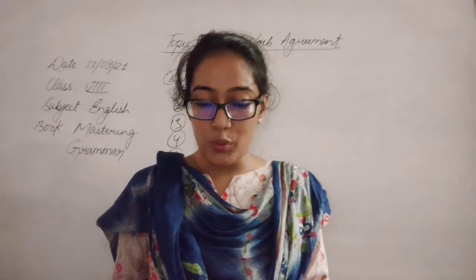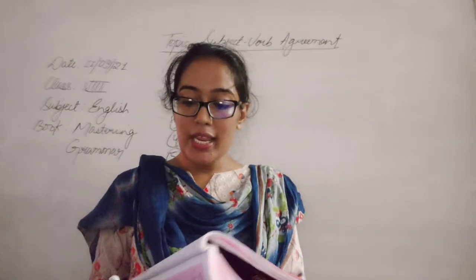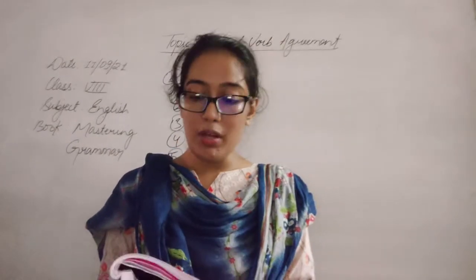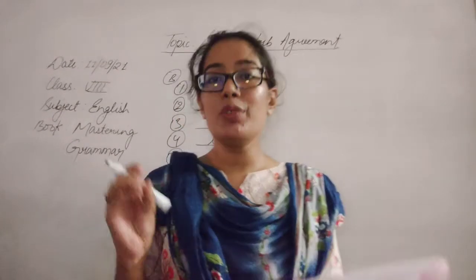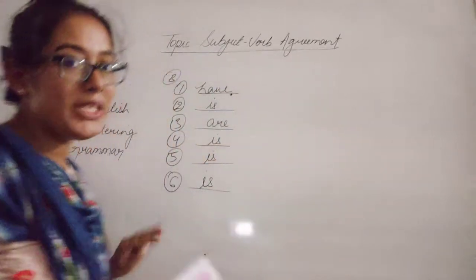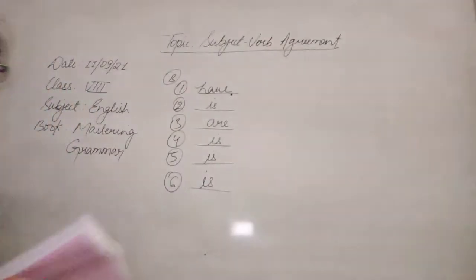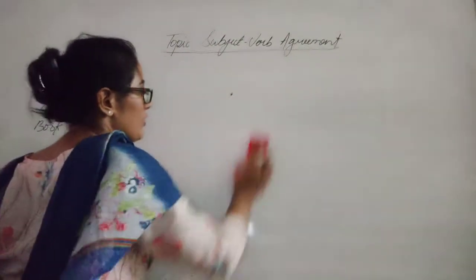Nouns denoting food, clothing, furniture and stationery are singular and take a singular verb. Okay? For example, the furniture is polished. Wait a second students, please take down the screenshot. Yes, I hope you have taken down the screenshot. Okay.